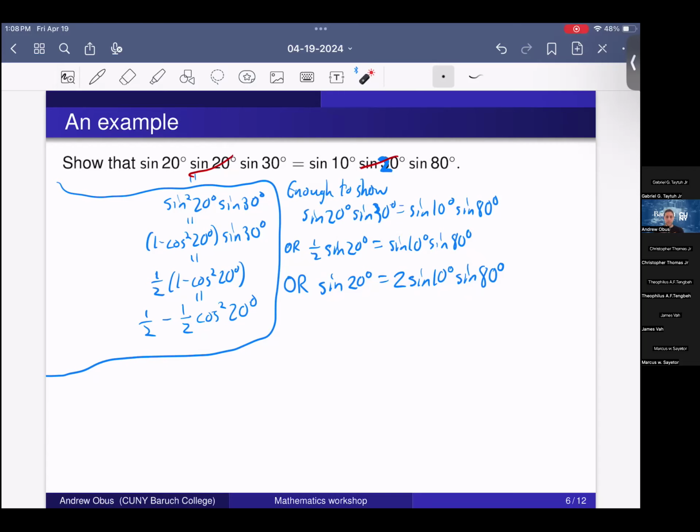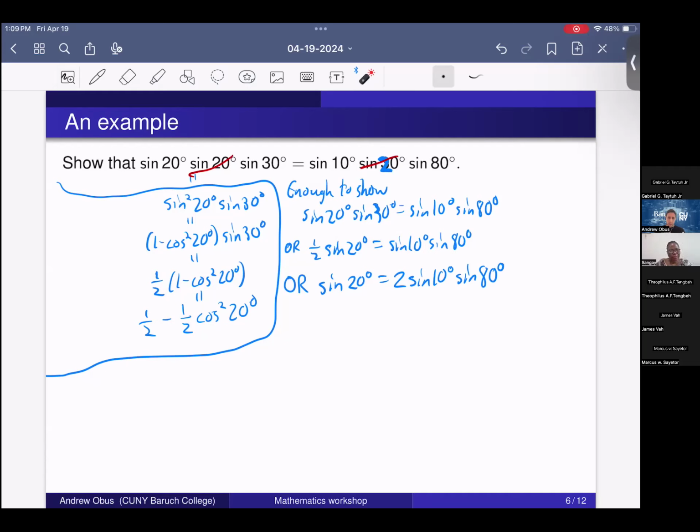As I was saying, if we simplify this, we can read it like the way you wrote it, 1/2 minus 1/2, open parenthesis, cosine 20 degrees, all squared. Oh, but we can't square the whole thing, right?